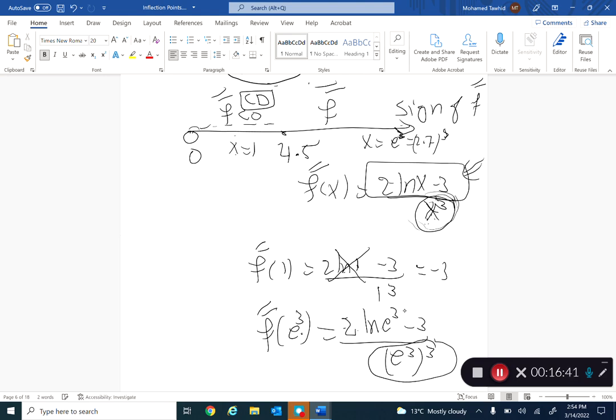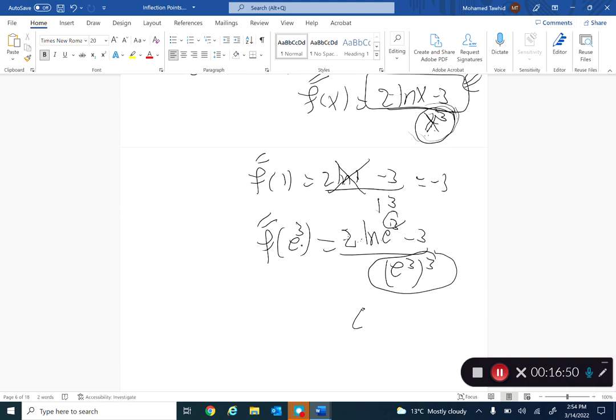So what is the number here? You have 3. I can put it in front of the log. So 3 multiplied by 2, you get 6, and minus 3. Okay guys, so it will be 6 multiplied by ln e, which is 1, minus 3 over a positive number, 3 multiplied by 3.